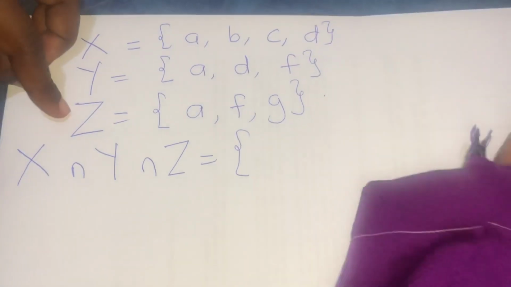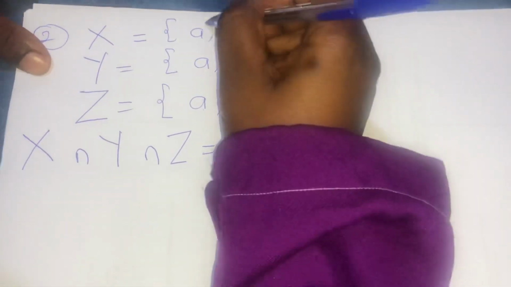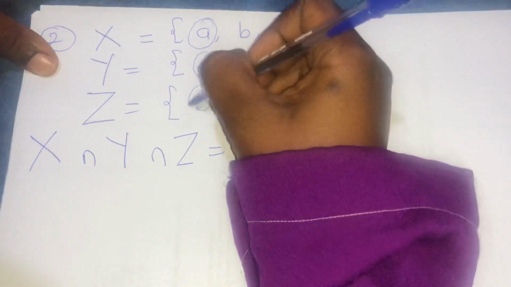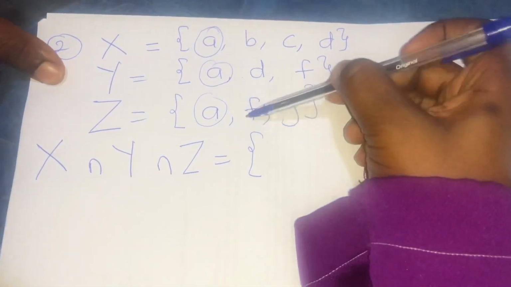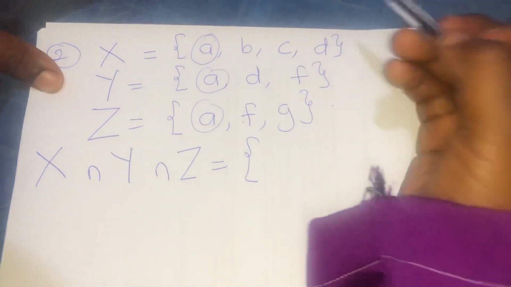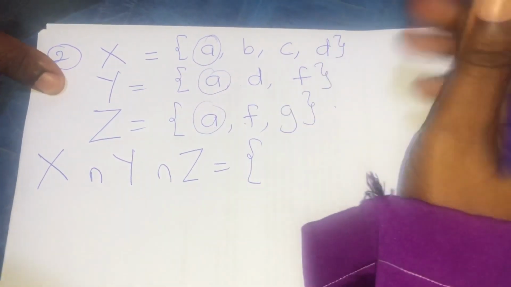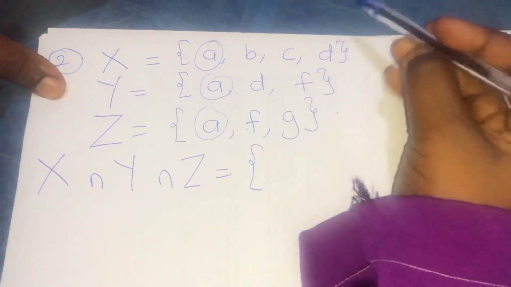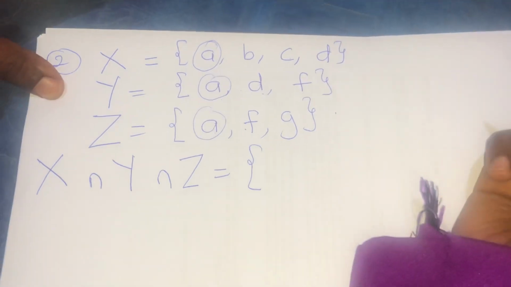So let's check those elements. There's A here, there's A here, there's A here. So we are going to take that A. There's B here, B is not in Y, B is not in Z. We are going to leave B aside. There's C here, C is not here, C is not here. We are not going to take C. There's D here, D is here, D is not in Z. We are not going to take that one.